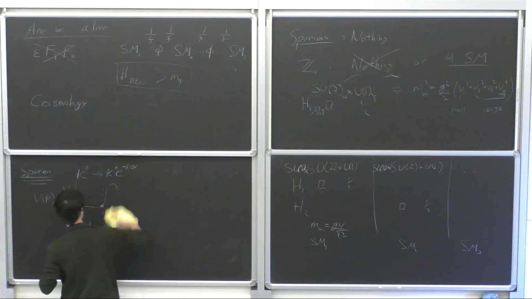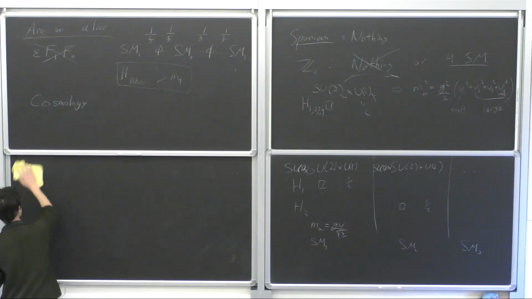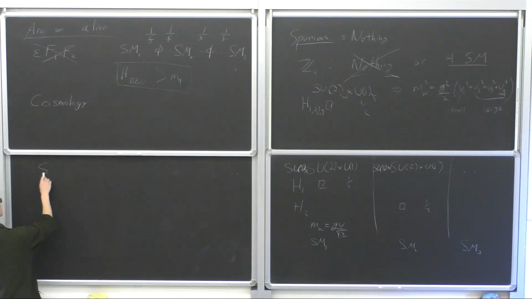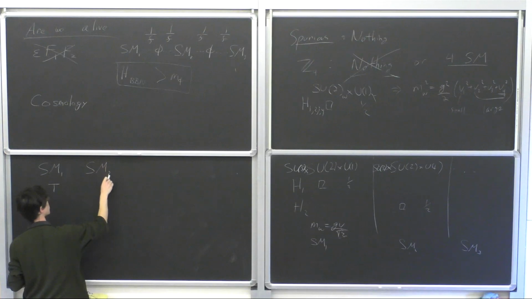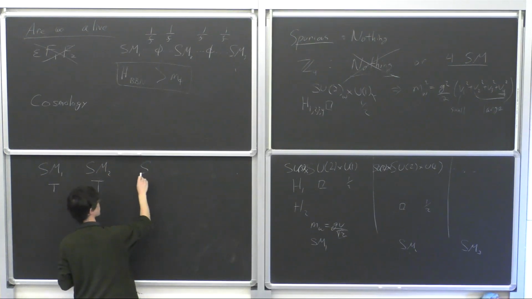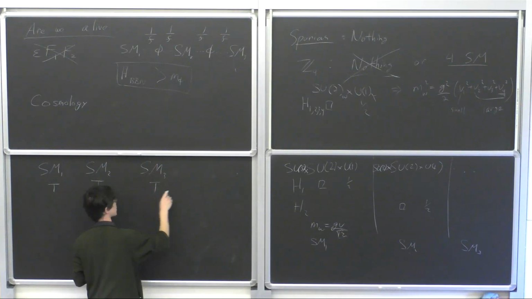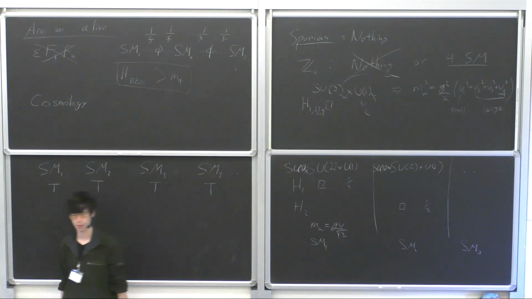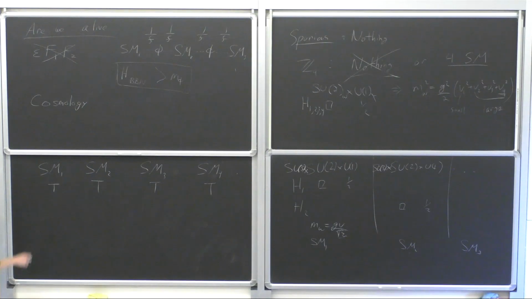Let's just say we had a Z4 symmetry. So let's just try to do everything nice and symmetric. You have standard model 1 at some temperature, standard model 2 at the same temperature, standard model 3 at the same temperature, standard model 4 at the same temperature, right? Just be like, this looks nice and symmetric. Our early universe cosmology starts off like this. What does this mean?